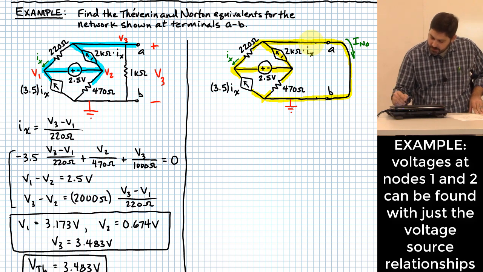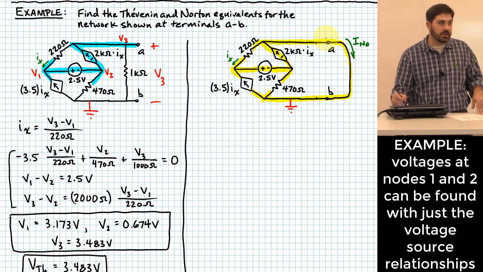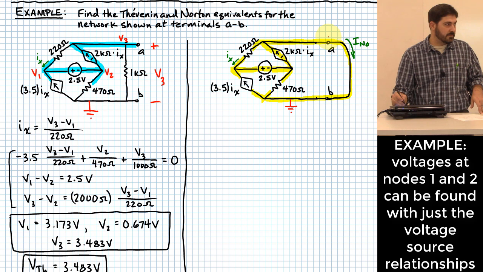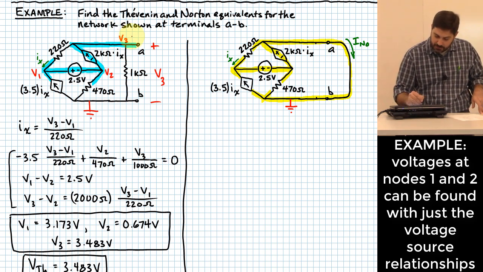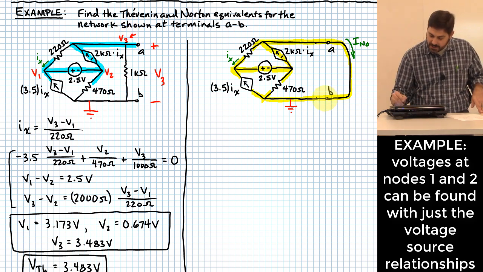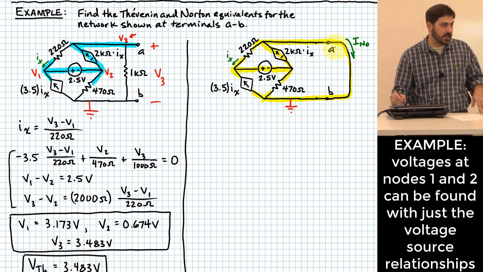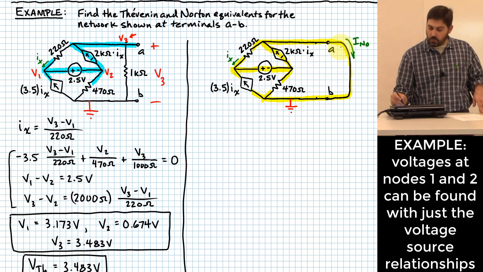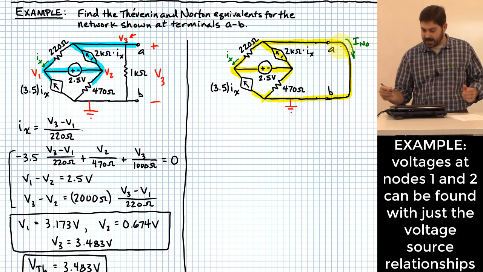First of all, V3 no longer exists. Remember I started out with V3 up here. I just connected that up to ground. So that means there is no voltage level up there. So what are my only other remaining voltages that I can have?